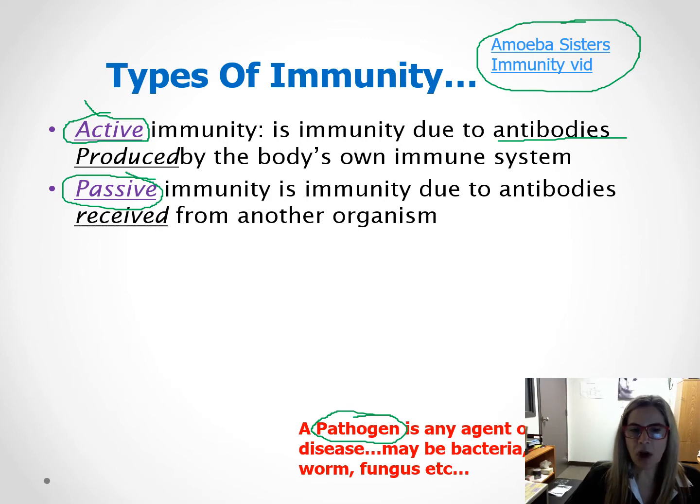When we talk about passive immunity, this is much less common because this is immunity that is received from another organism. The most common example of passive immunity is when a mammal starts breastfeeding. So if we look at a human, when a baby is born and starts to breastfeed, the initial substance that comes out is called colostrum, and that's almost like a jelly type substance, but it is full of the mother's antibodies.